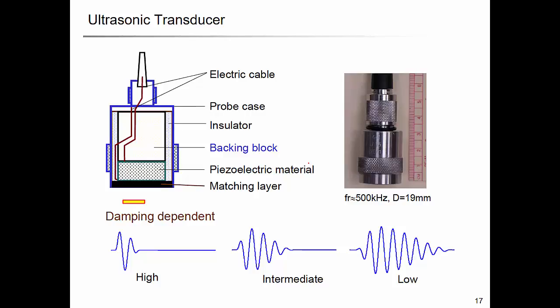If you have a stiff backing material, you have a very high reflective wave, so that's going to be this kind of signal. And if you have a very soft backing material that has a high damping, then the output signal will look like this. So the damping dependence of the ultrasonic transducer is because of the backing. People design this backing material very carefully, and the matching layer, insulator, and so on.